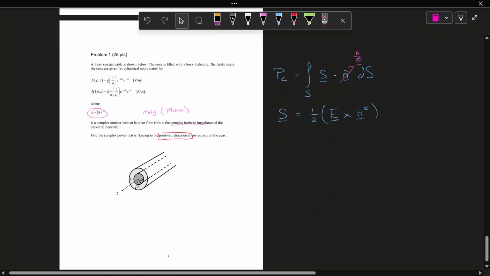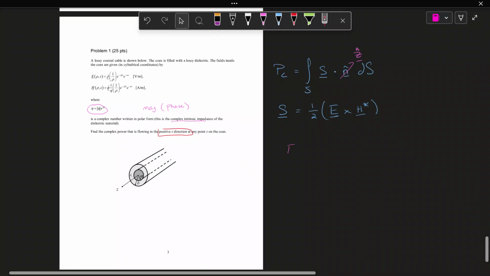Okay, so now what we need to do first is calculate the complex pointing vector. We take E cross H conjugate. Let's figure out what the conjugate of H is, though, because that is important. We already know what E is. E doesn't change. H conjugate.